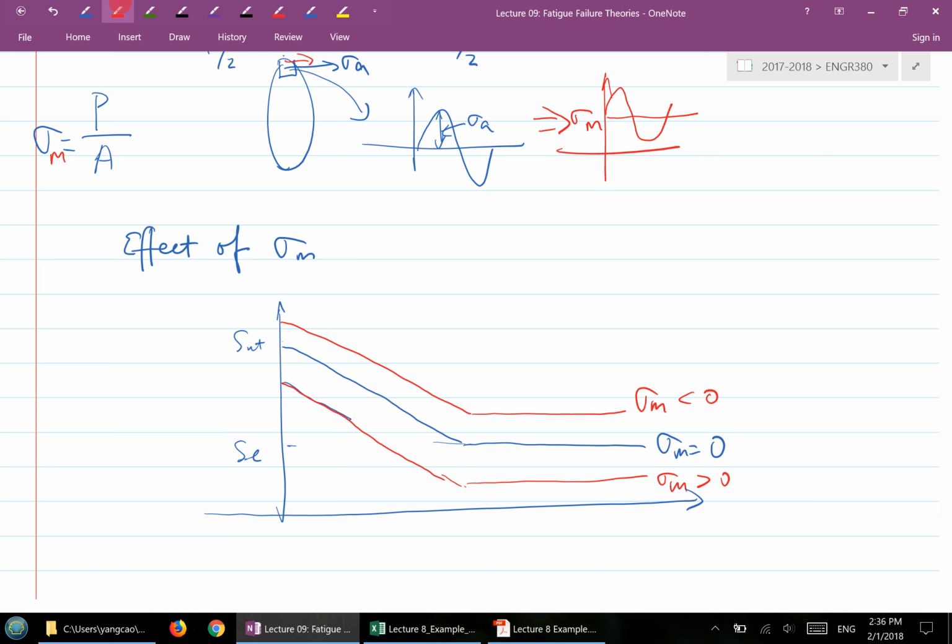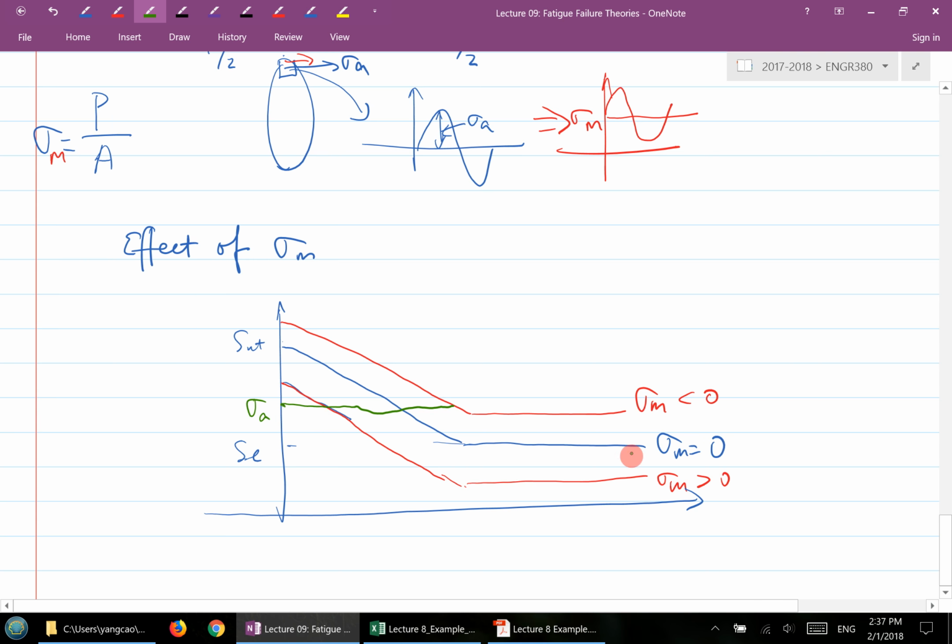So basically, if I draw a horizontal line like this, maybe this is your sigma A, the amplitude, here.